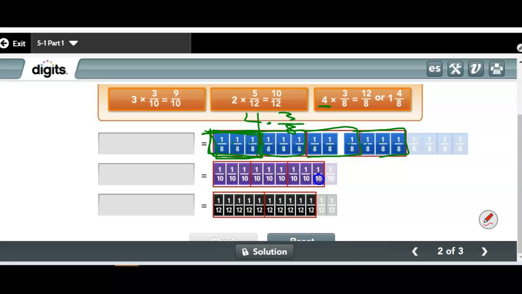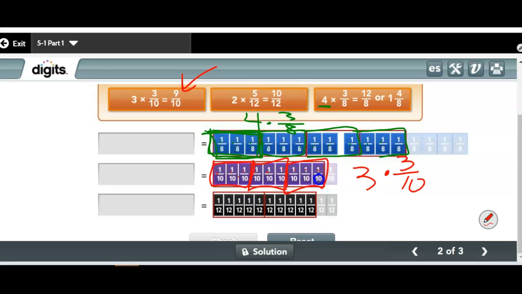Awesome, there are 3 whole boxes right here. 1, 2, and 3. How much is in each box? Lincoln, 3 tenths. So we have 3 boxes, 1, 2, 3, and in each box we have 3 tenths. The answer is 1, 2, 3, 4, 5, 6, 7, 8, 9 tenths. So the answer is this one. A.